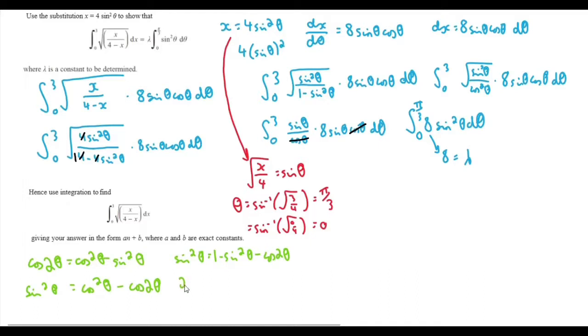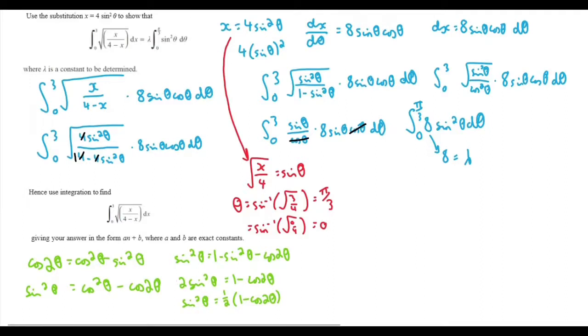Add this over, you end up with 2 sine squared theta equals 1 minus cos 2 theta, and thus sine squared theta equals a half of 1 minus cos 2 theta. They are expecting you to be just familiar with how you can use this. Even though it's not explicitly given in a formula book, it's a method of manipulating the double angle formula to get something in terms of squared.